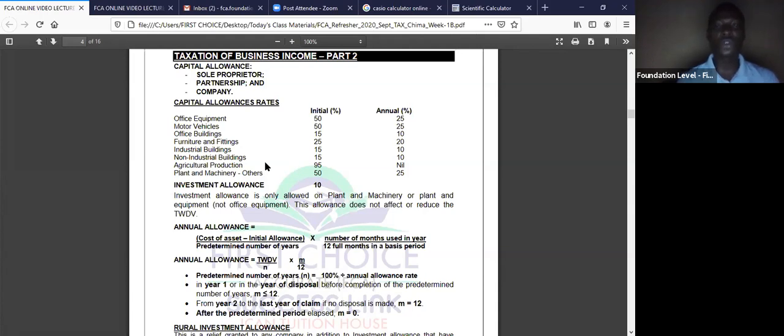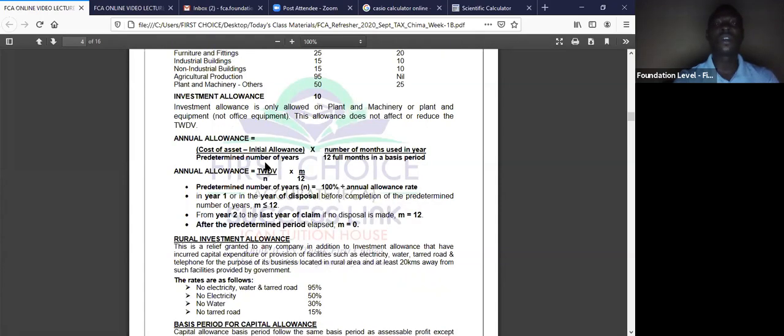You have not sold it. Until such a time when you sell it, then you will know whether you will claim balancing allowance or balancing charge. Of course, when it has remained 10 naira and you sold it, there is no way you can claim balancing allowance. You should be having balancing charge because you'll be making profit from what you sold.